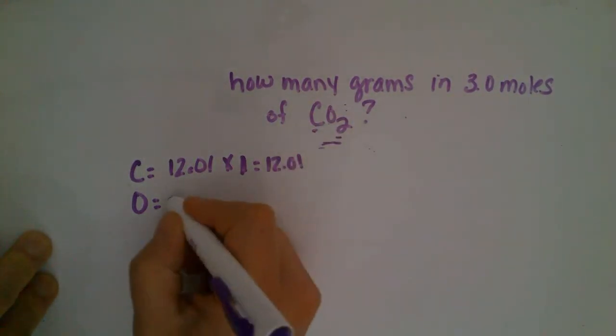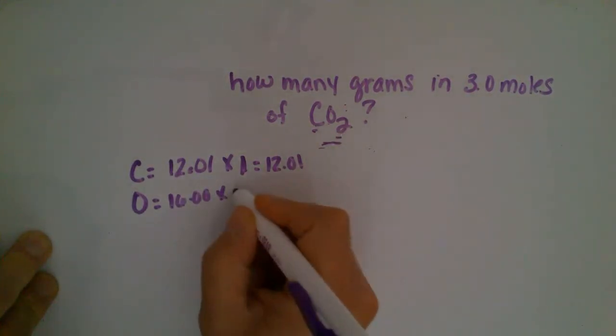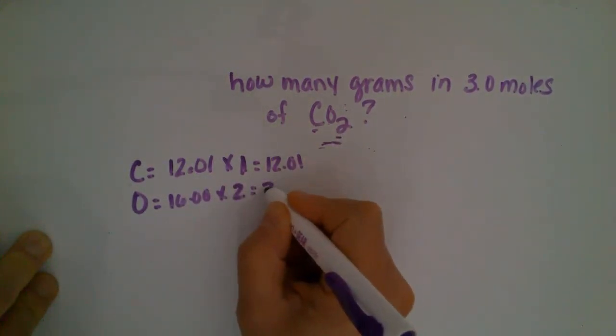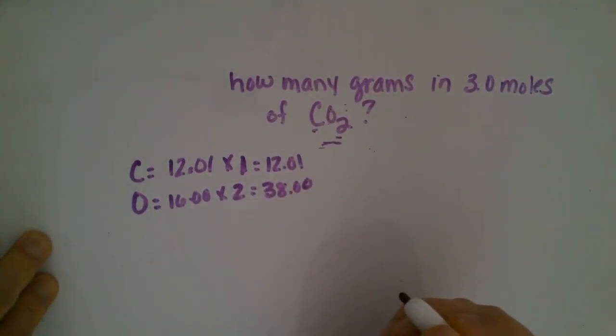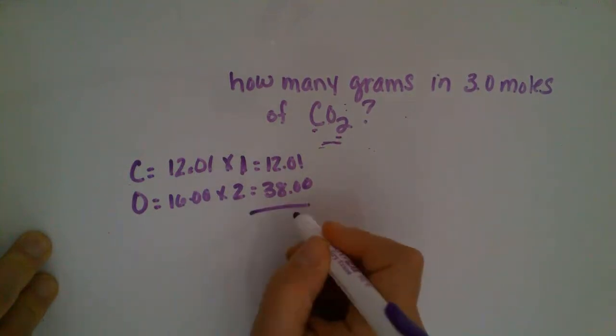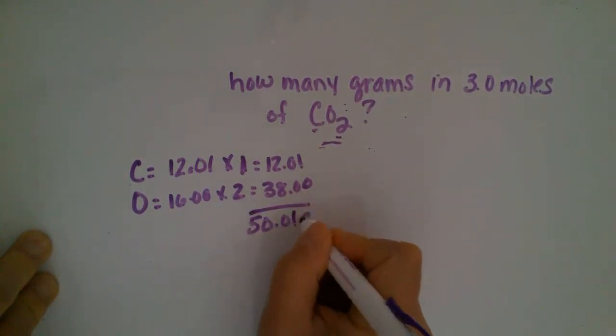Now, oxygen is 16.0 times, but there's 2 of them, okay? So that's going to give us 32.0 grams. And so if you add them together, you're going to end up with 44.01 grams.